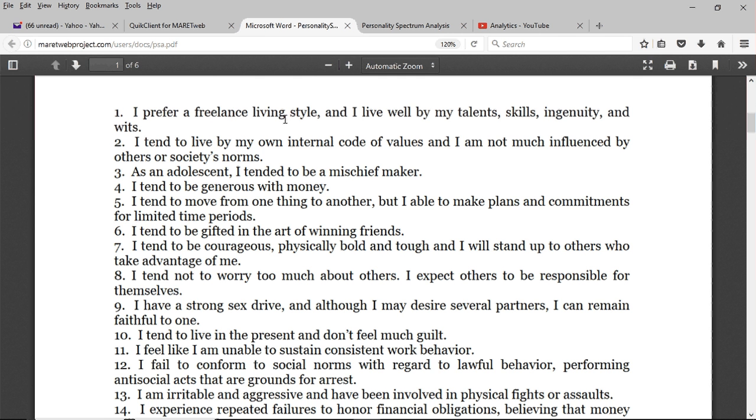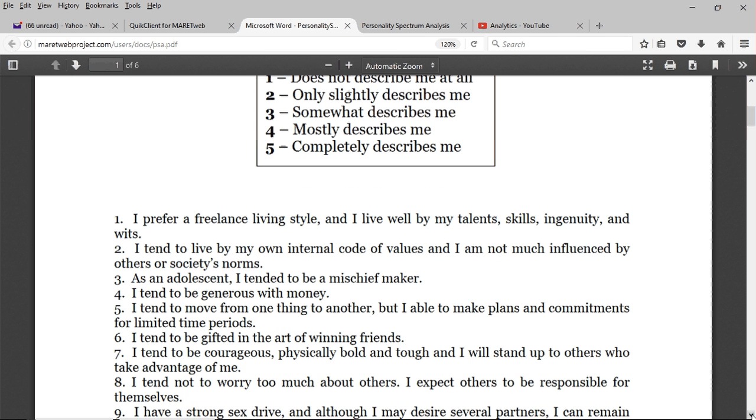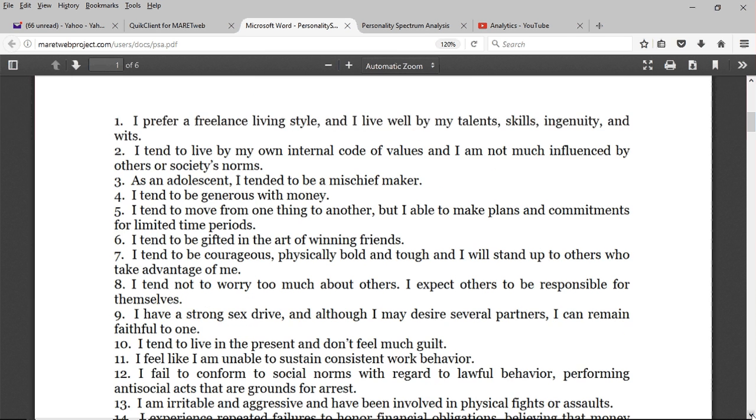Now, you know, the scoring matrix is 1 does not describe me at all. The person chooses that, they're opting out of that item. That item will not score in its intended area.